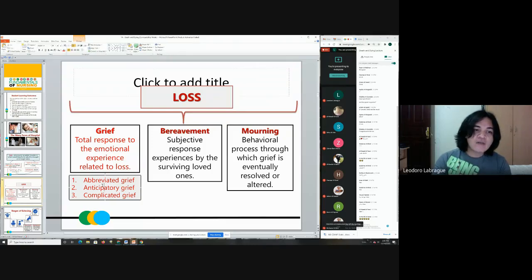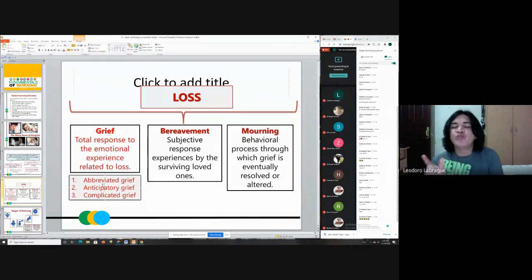Now, these are emotional experiences, but how do they differ from each other? When we see abbreviated grief, this is just a short emotional experience related to loss. For example, 1 day or 2 days, when someone is lost, or some important pet or thing is lost.